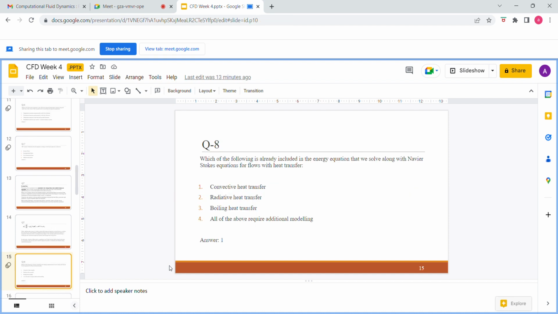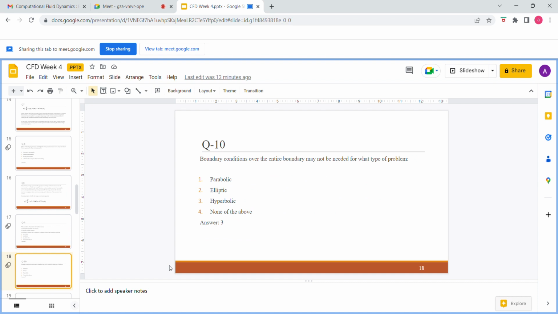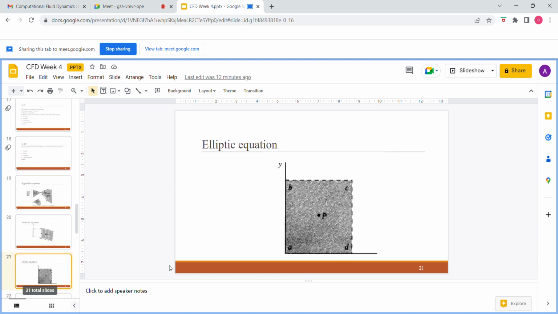And also we saw how convective heat transfer equations are included in the energy balance equations that we solve along with the Navier-Stokes equation. And also we saw well-posedness, which means we should have a unique solution, and the solution should be responsive to changes in the initial and boundary conditions.